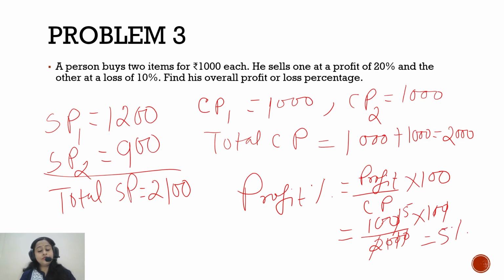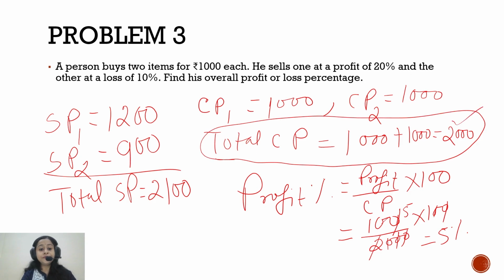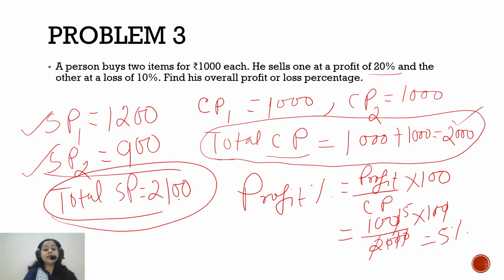So how to solve this problem step by step? First you have to find out the total cost price for both the products, which is 2000. Then, given cost price and given profit and loss percentage, the second step is to find out selling price for both the products. And in third step you have to find out total selling price for both the products, right?